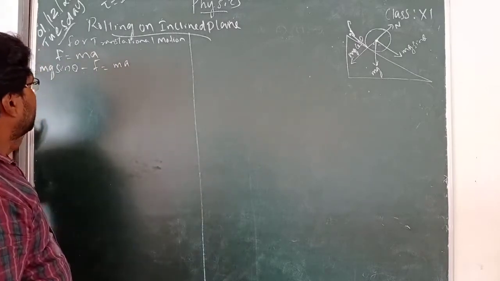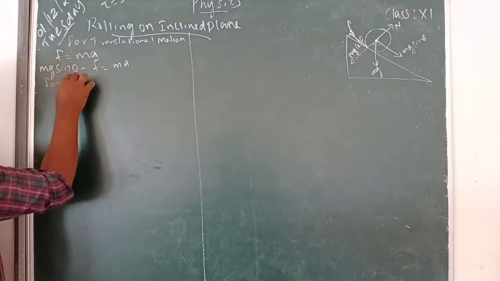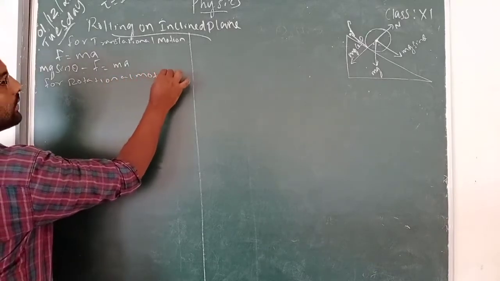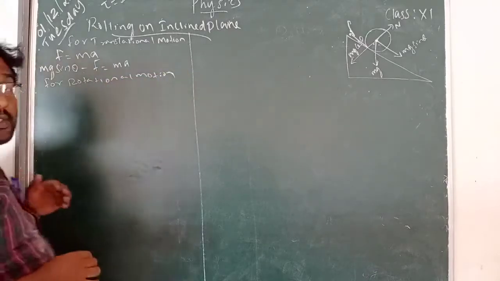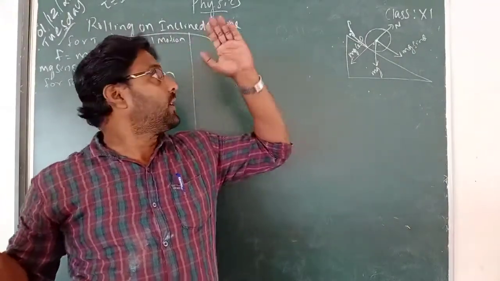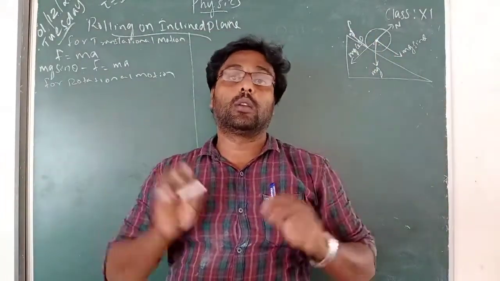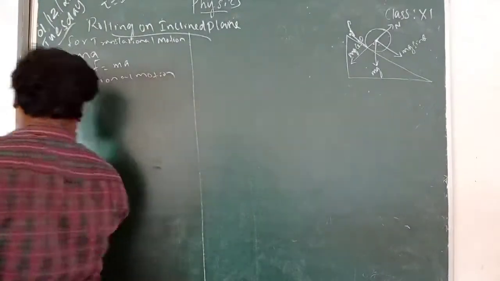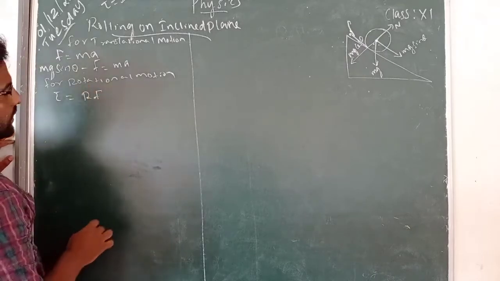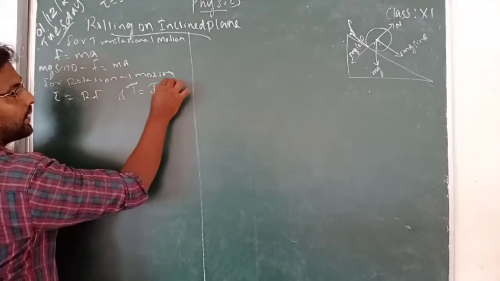This is for translational motion. For rotational motion, Mg sin theta we can't use, but this frictional force provides a torque, so we use torque here. We know torque is equal to I alpha.